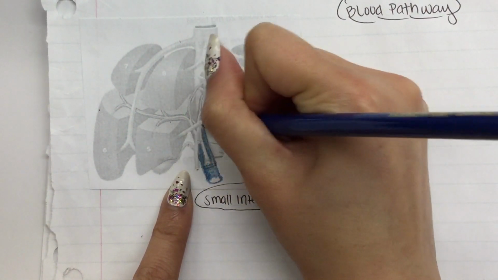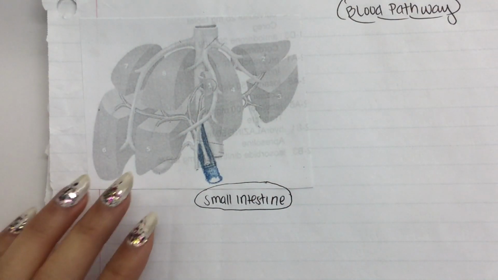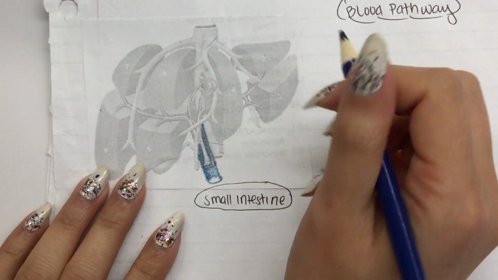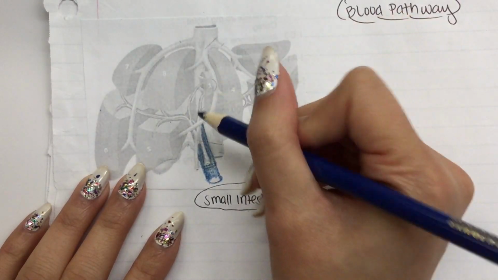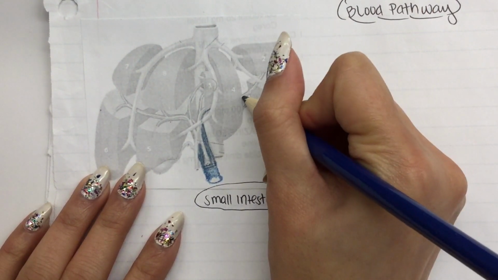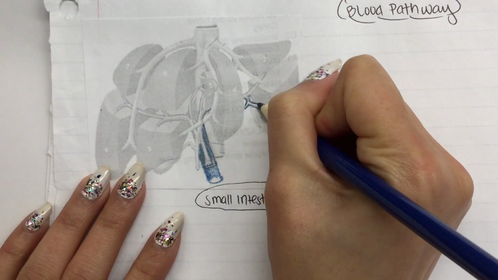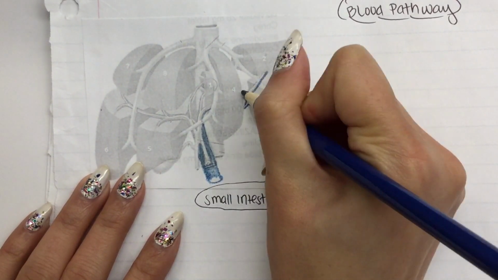And the hepatic portal vein will bring nutrients from the small intestine to the liver. It branches off into every single section of the liver. So I'm going to draw smaller branches of the hepatic portal vein all throughout to make it look like there is nutrient-rich blood going to every section of the liver.